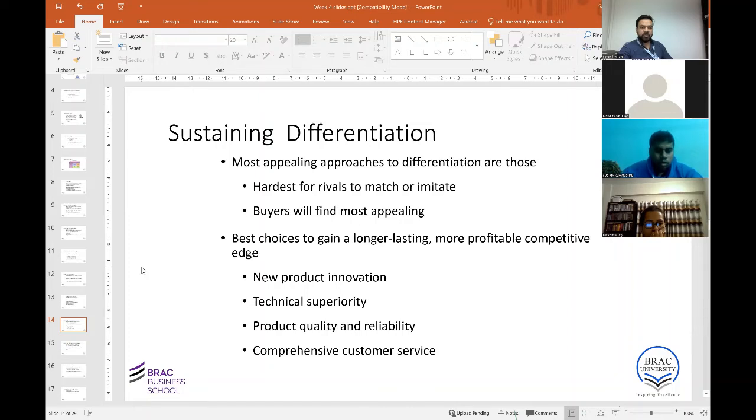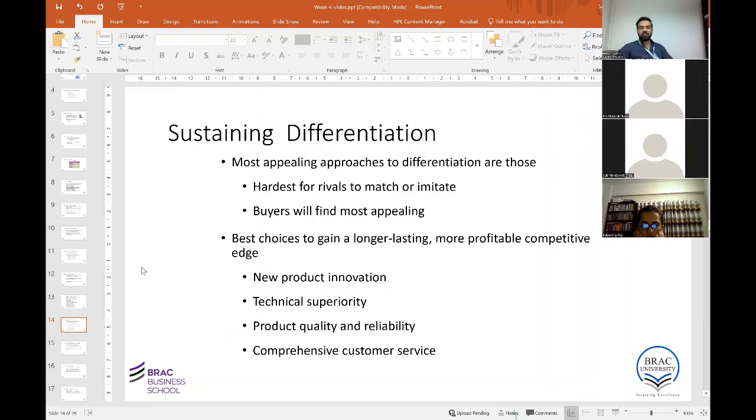So in order to sustain the differentiation, there are a few things that need to be kept in mind. Because the most appealing approaches to differentiation are those harder for rivals to match or imitate. If you'd like to have a strategy of differentiation, you need to keep in mind that it has to be hard for your rivals to imitate.